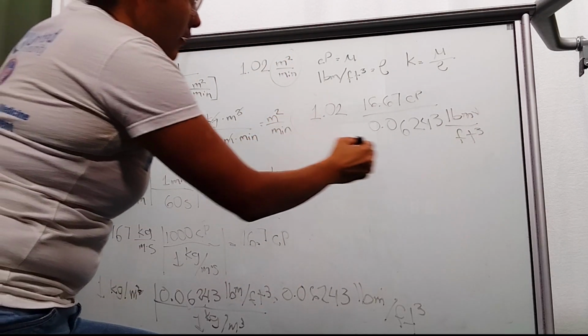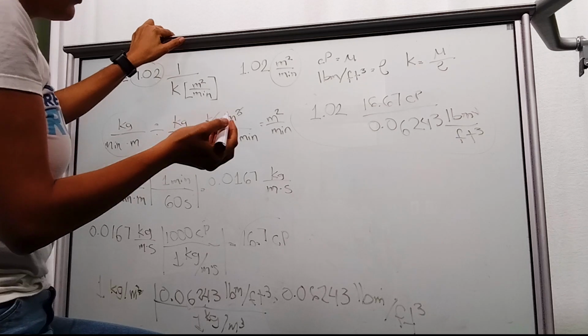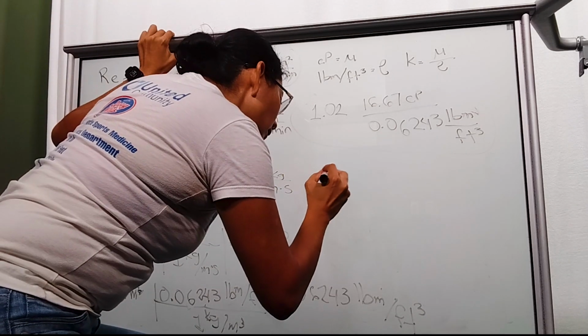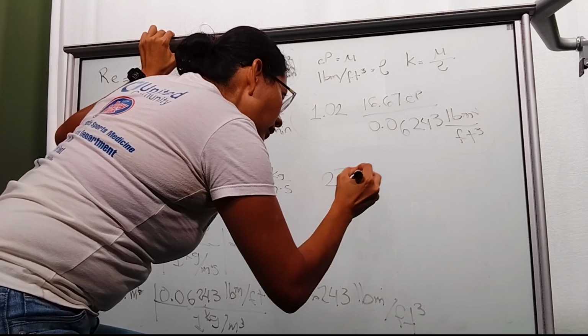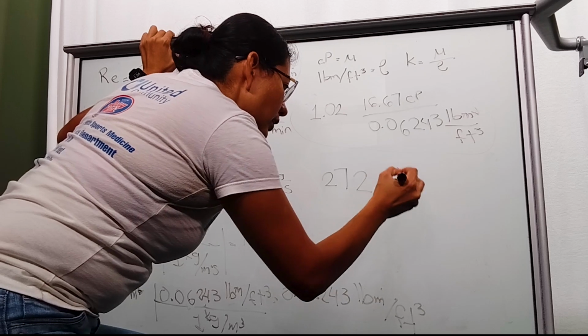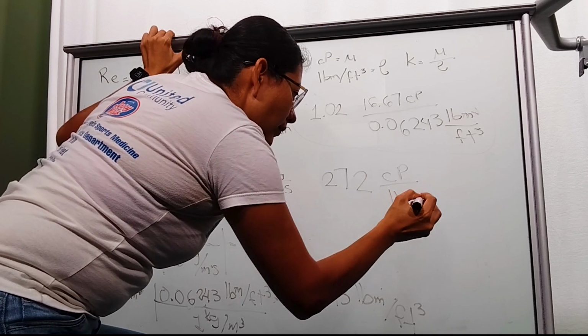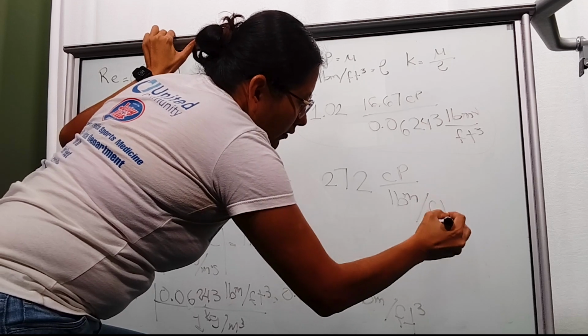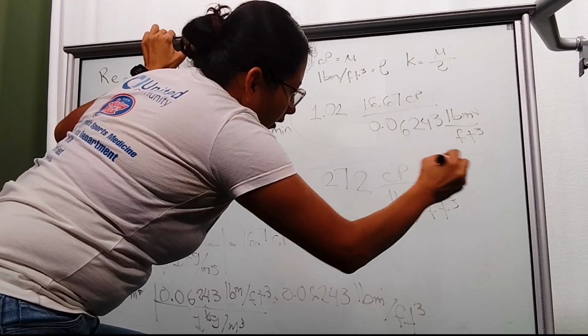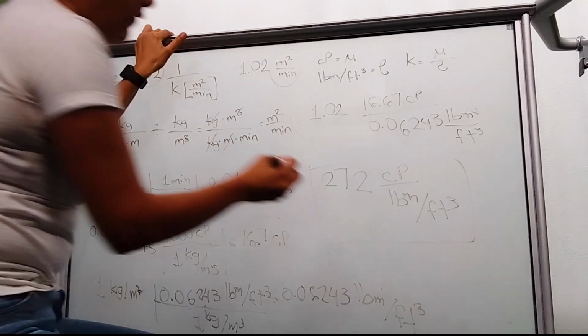So if we do this equation, we know that the new constant is 272 centipoise per pound per cubic feet, and this was the final answer.